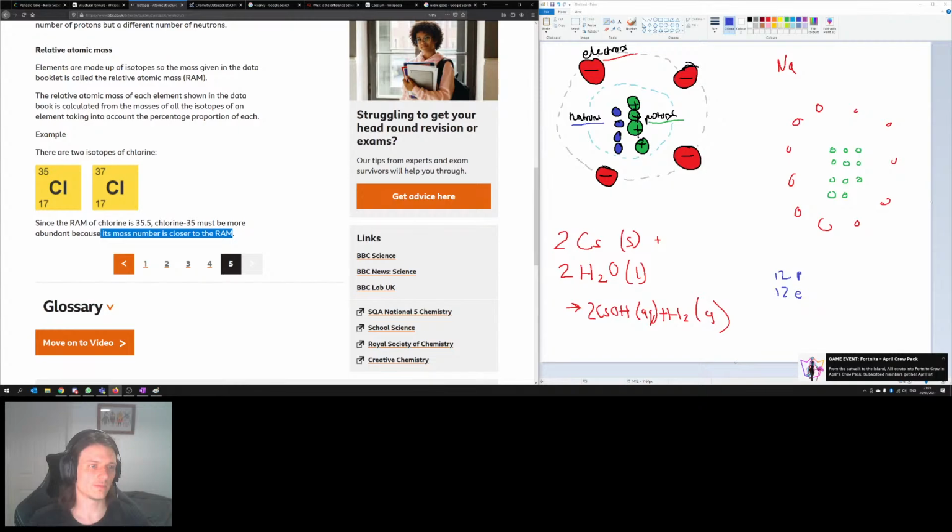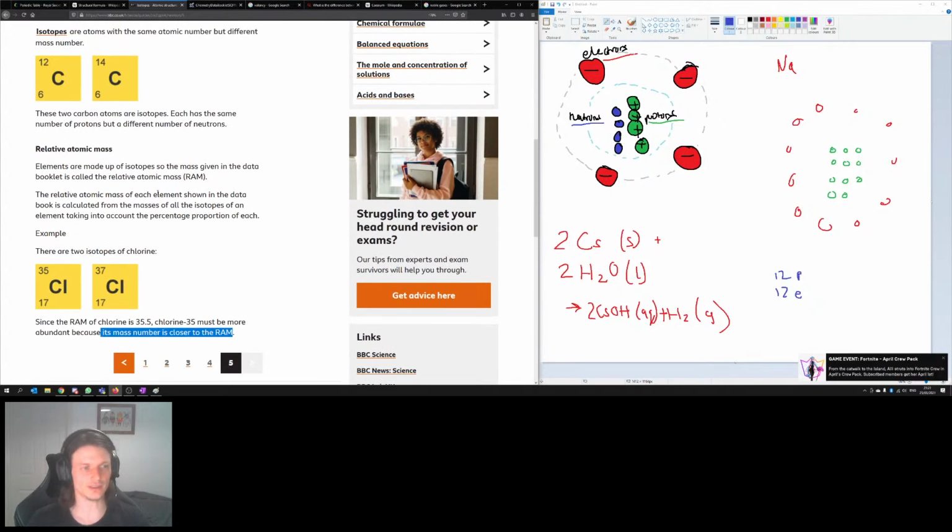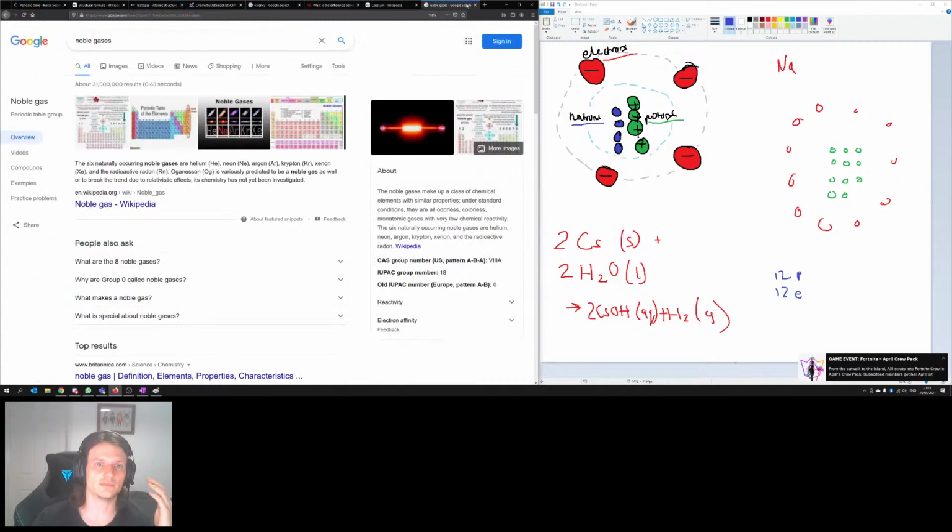the relative atomic mass. I didn't understand that. Elements are made up of isotopes, so the mass given in the data booklet is called the relative atomic mass. Let's go and look at that again.